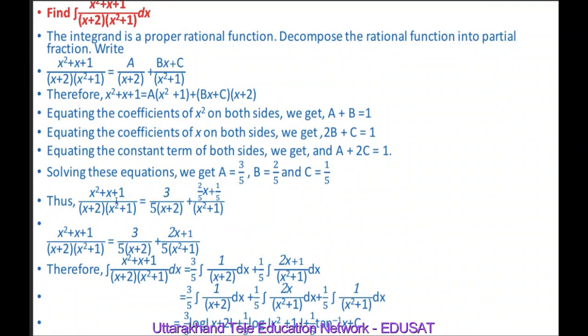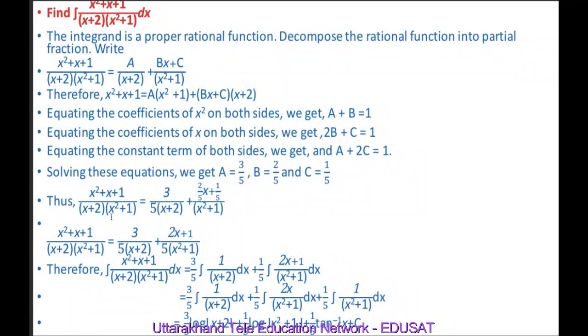So now the given rational function x square plus x plus 1 upon x plus 2 into x square plus 1 is equal to 3 upon 5 into x plus 2, substituting the value of a here, plus b is 2 upon 5, so 2 upon 5 x, and c is 1 upon 5, upon x square plus 1.